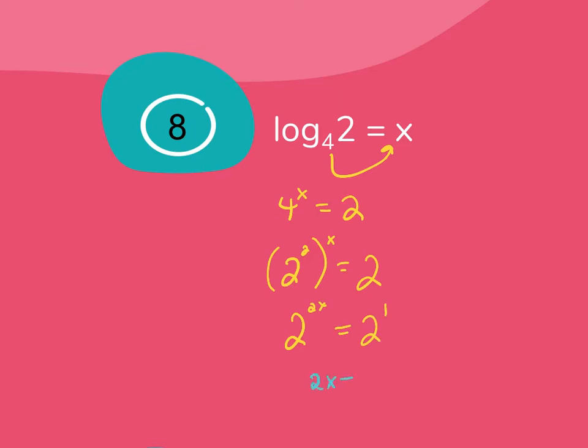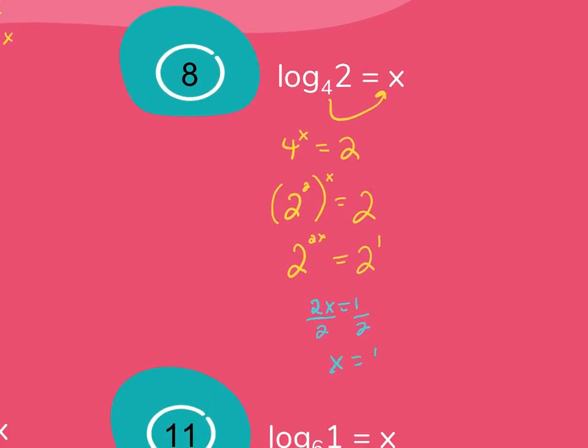So 2x equals 1. And x equals 1/2. Also, something you could learn is if the larger number is the square root of the base, that means my exponent's a half. Remember, half is the same thing as a square root.